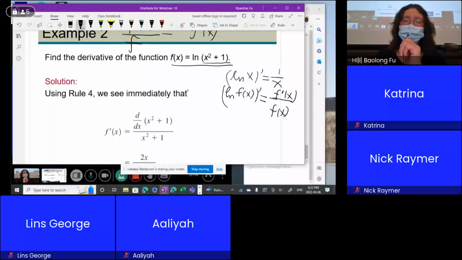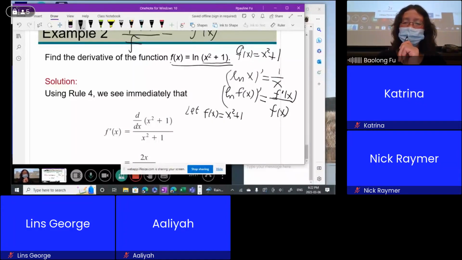And here we have x squared plus 1 is our f(x). Okay, so you can say let f(x) equal to x squared plus 1. Maybe we already have f(x), so I will use another letter, g(x). g(x) equal to x squared plus 1.